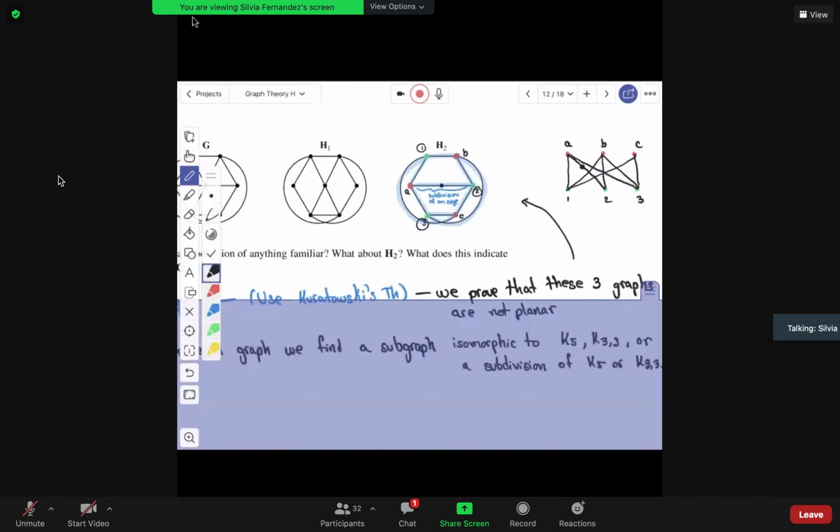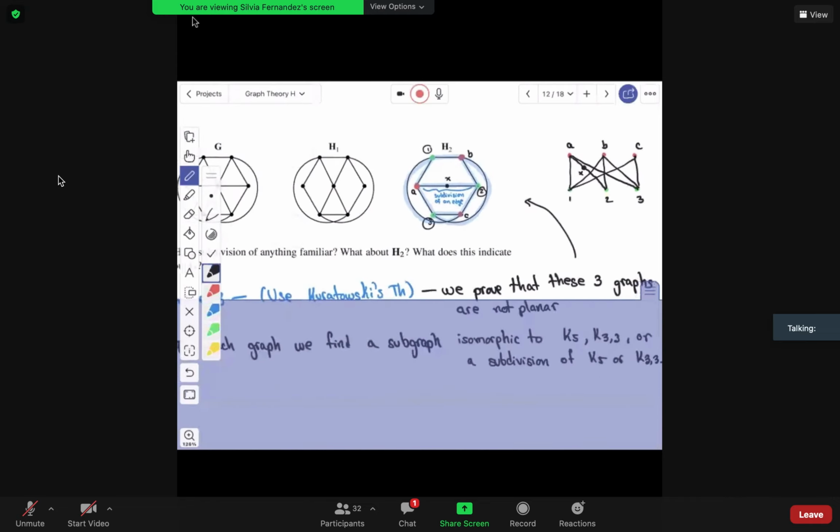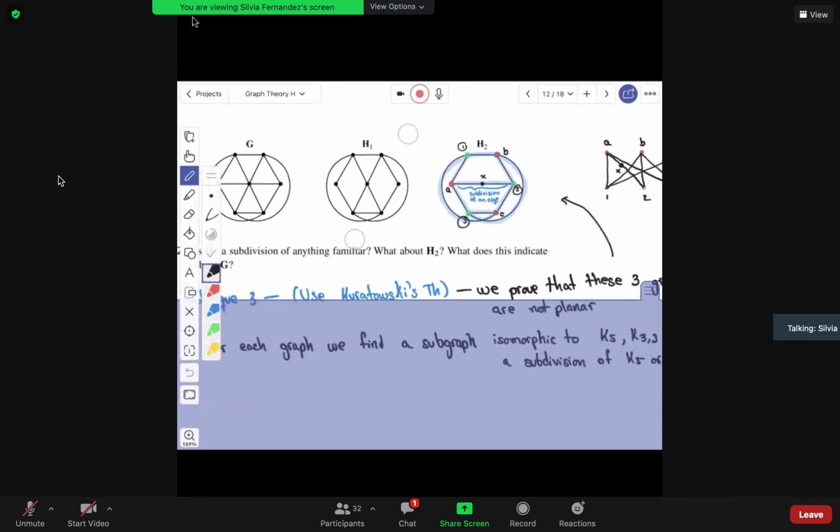That's a subdivision that we found. Make sense? This vertex here is that vertex there. So it's not really a K3,3, it's a subdivision of K3,3. Let me give you the ones for the others.